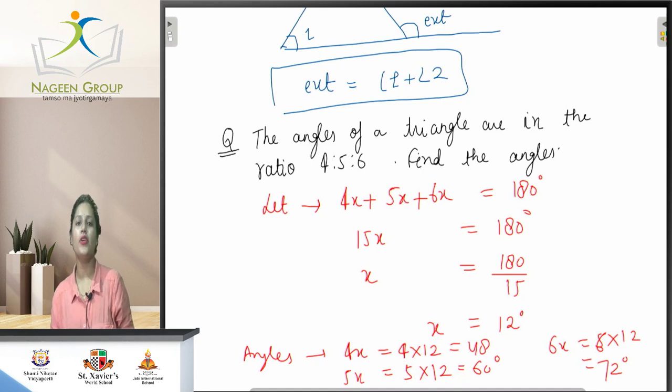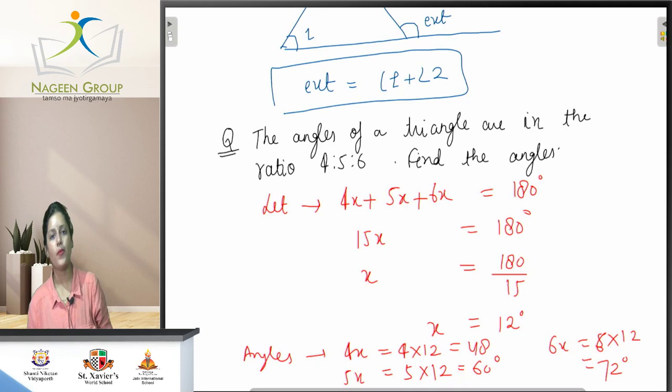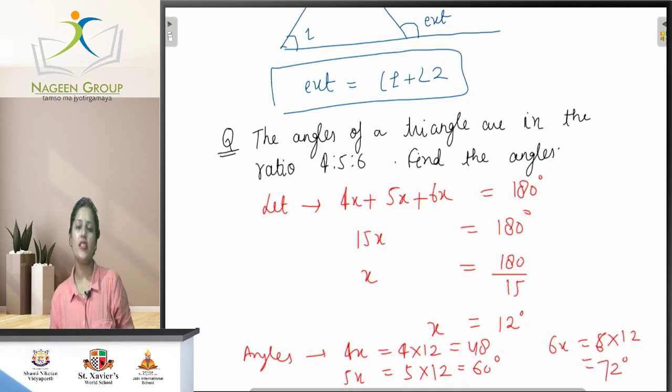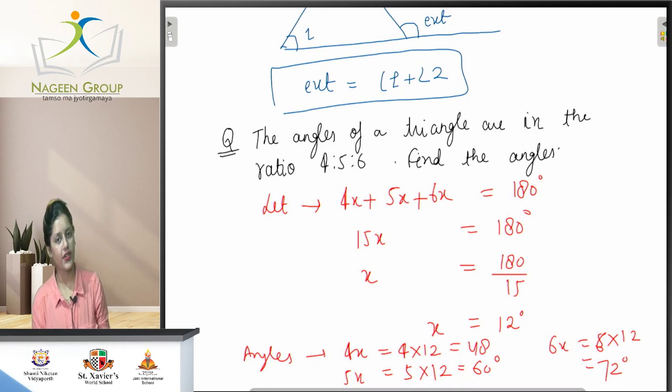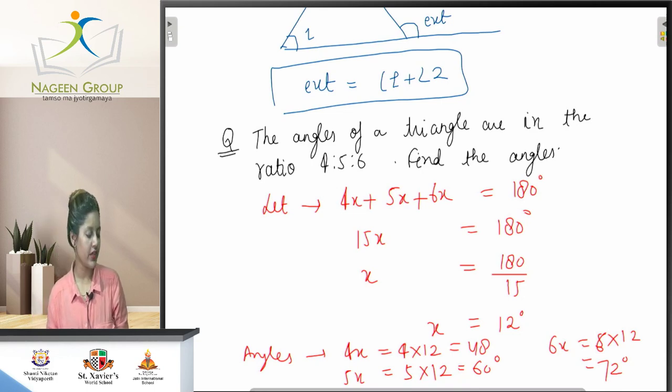The main two properties are the angle sum property and the exterior angle property. The angle sum property tells us that the sum of all the interior angles of a triangle is 180 degrees, and the exterior angle property shows that the exterior angle is always equal to the sum of the opposite interior angles. So here is the end of our class 4, the properties of a triangle. Meet you soon in class 5. Thank you so much for this class.